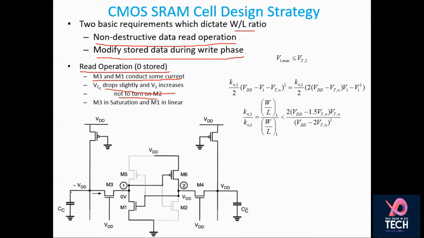This is on, so some of the carriers will try to move to this particular node. But it should not be so high, because if it is more than a particular level, M2 will be on, and if M2 is on, then this becomes 0. So we have to take care that this discharge is not so much, so that this stays 1.